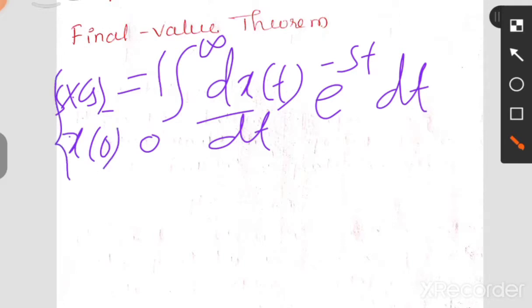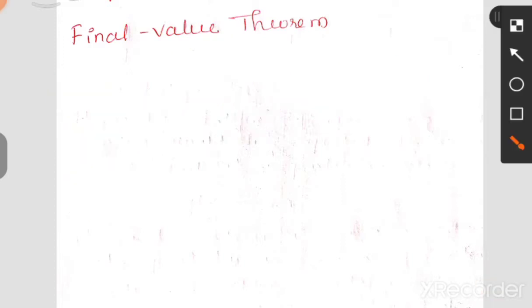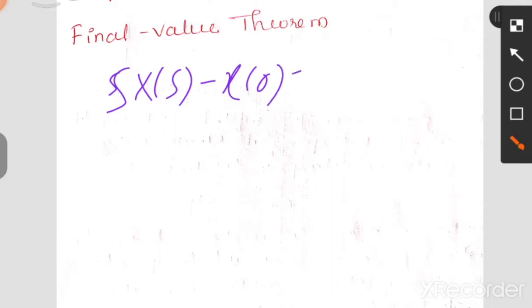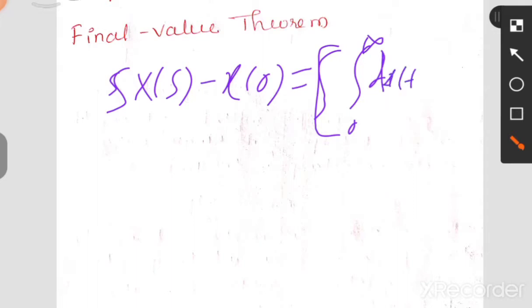On both the sides we will apply the limit where s tends to 0. We write: apply limit on both the sides, limit of s x of s minus x of 0 is equal to 0 to infinity dx of t by dt into e raised to minus st into dt.